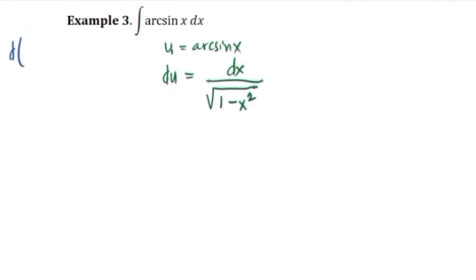So kung alalahanin natin doon, we have the derivative of arc sine of v over a. That is equal to dv over the square root of a squared minus v squared.